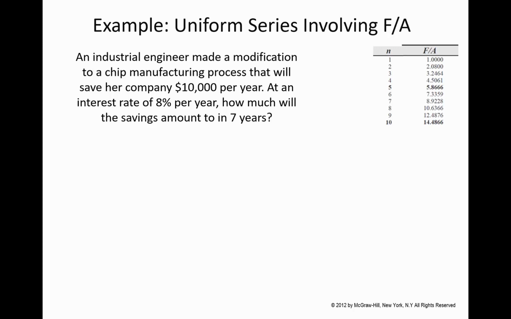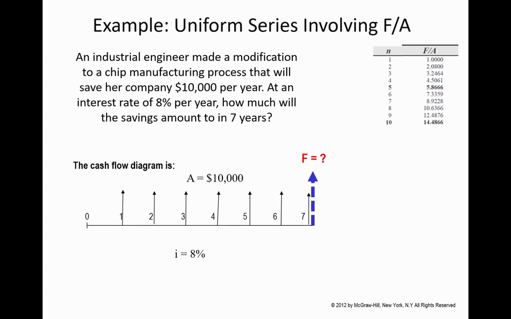So in manufacturing chips, and we're saving now $10,000 per year, how much will the savings amount to in 7 years? And so that's not asking what's the total, because that would just be 7 times 10,000. We're asking what's the equivalent amount as a single lump sum in the 7th year at 8% interest. And so this is what that problem is asking.